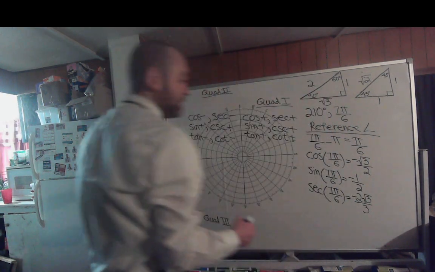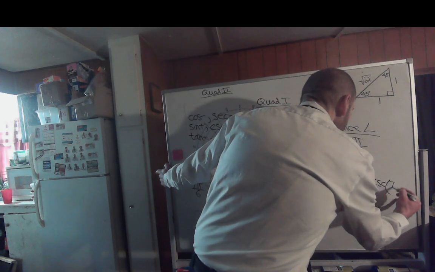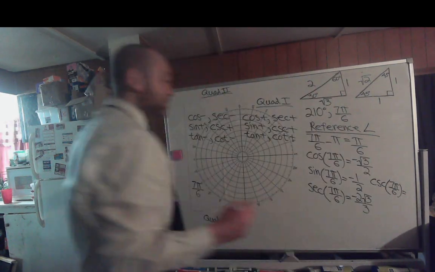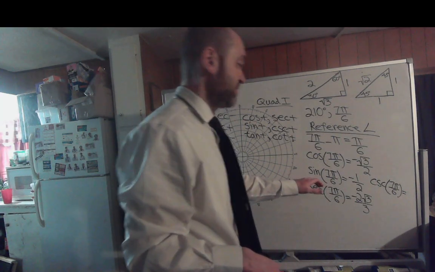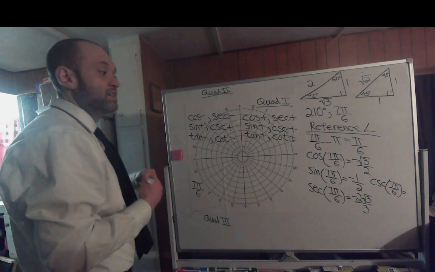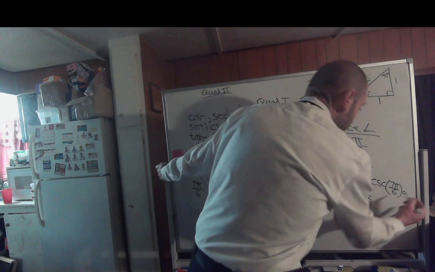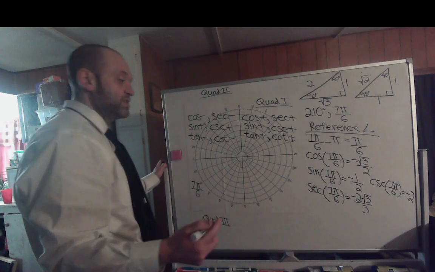Now what about your cosecant of 7 pi over 6? Also keep in mind the cosecant is the reciprocal of the sine function, right? If your sine's negative, so will your cosecant be. So 1 divided by negative 1/2 is negative 2. So the cosecant will be negative 2.